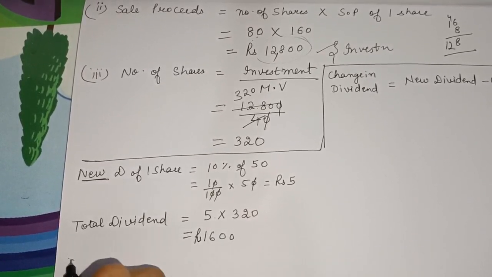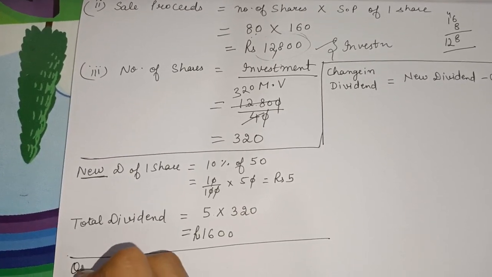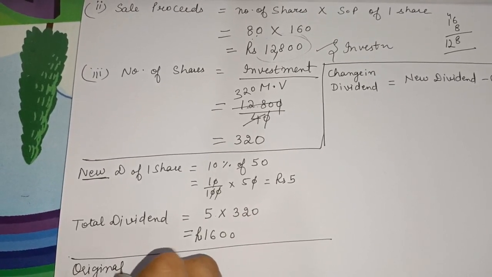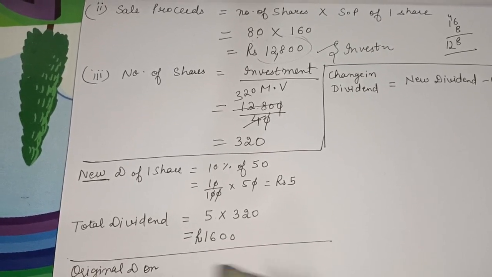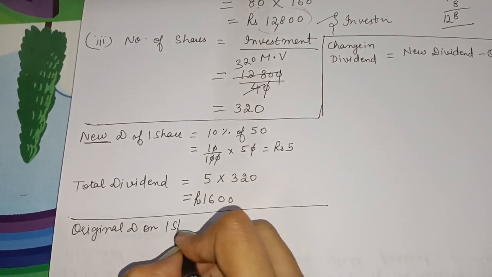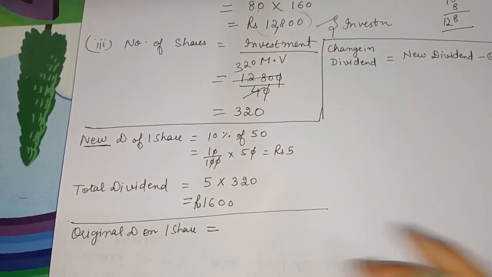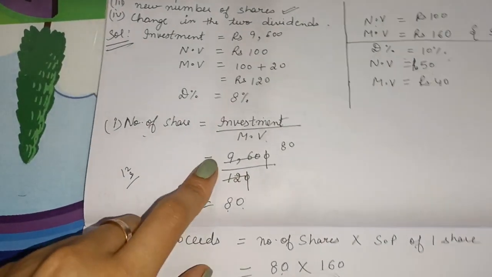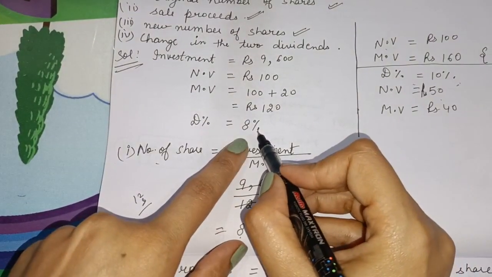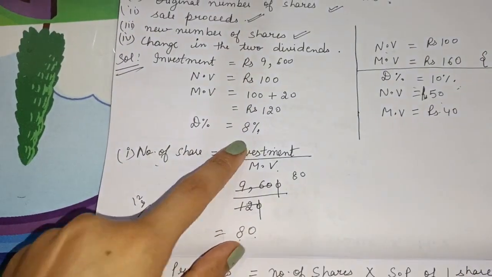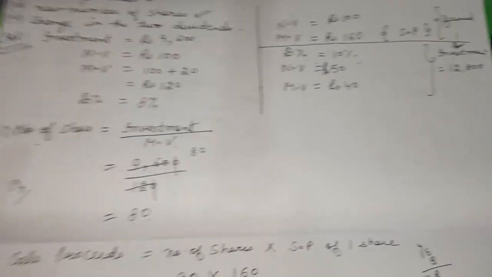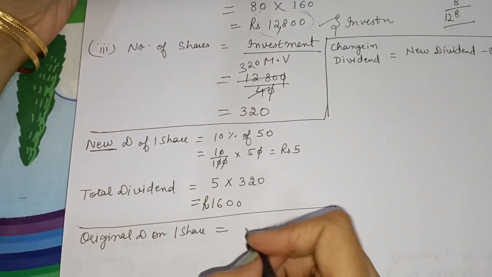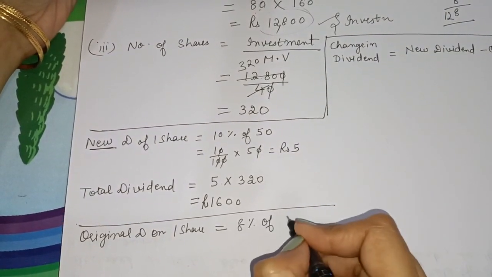Now original one also we will do. Original dividend on 1 share. Originally also, what was the dividend percentage? 8%, nominal value 100. So this we will use 8% of 100.